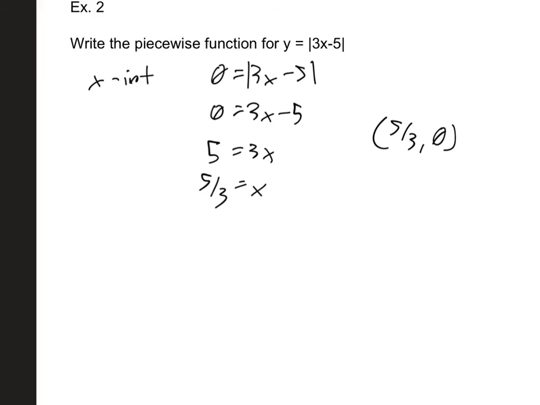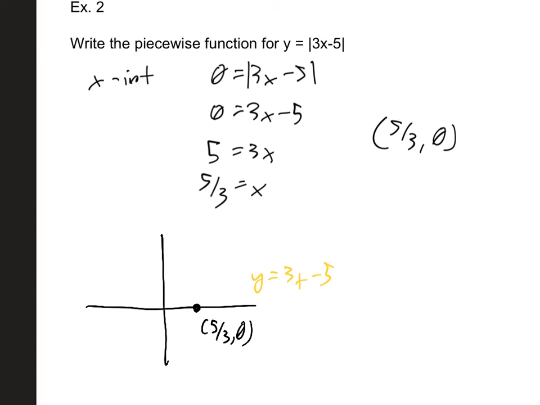Now, I said I wanted to get there by doing the minimum amount of algebraic work. So let's see. We have an x-intercept, 5/3 and 0. What do we know about the original graph of y equals 3x minus 5?